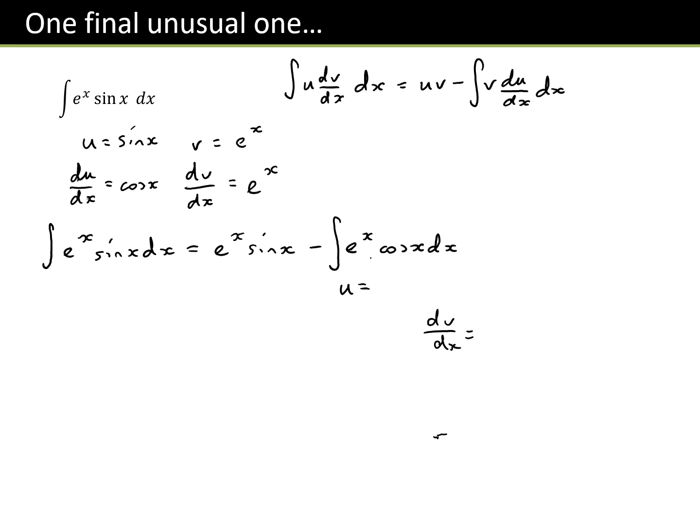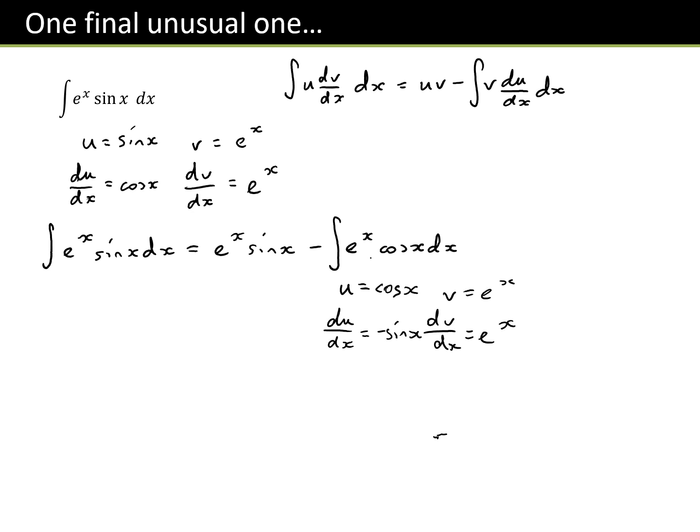Now this one seems to work out quite nicely, so I'm going to differentiate cos this time as well. Okay, so we're going to integrate e to the x. So v is e to the x, du dx is minus sine x, cos x differentiated is minus sine x.